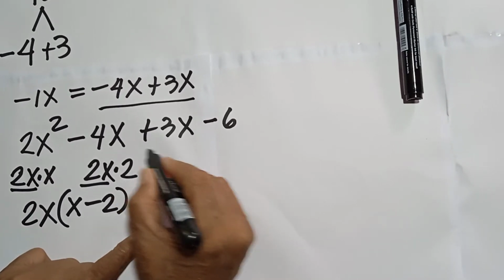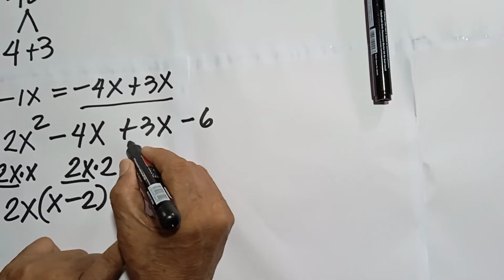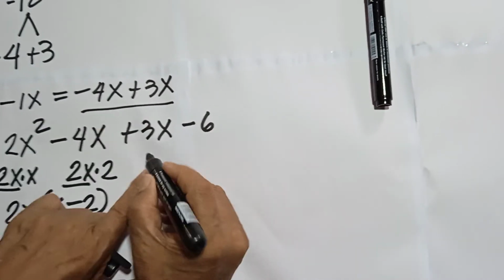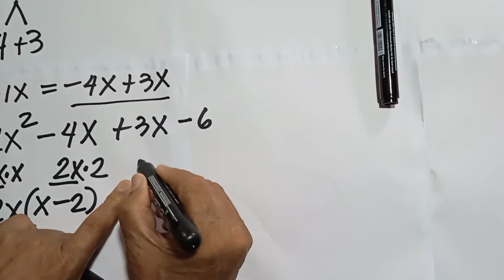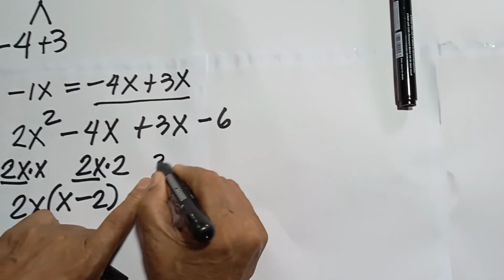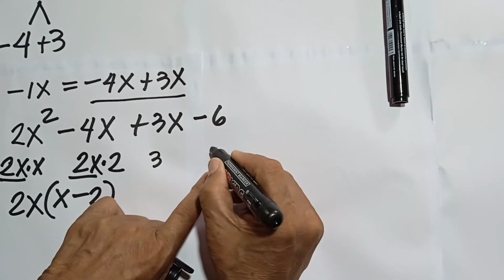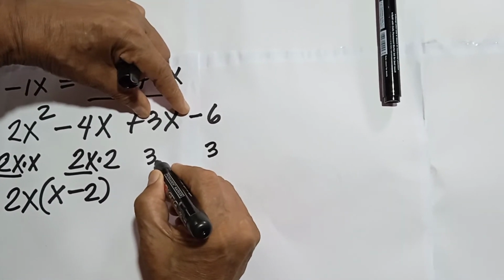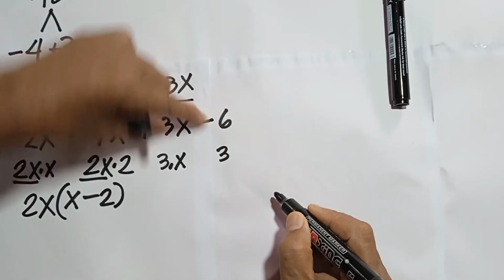Then the next two terms, 3x minus 6, we also identify the common factor. The greatest common factor is 3, and in 6, we have also 3. What should be multiplied to 3 to get 3x? We multiply it by x.